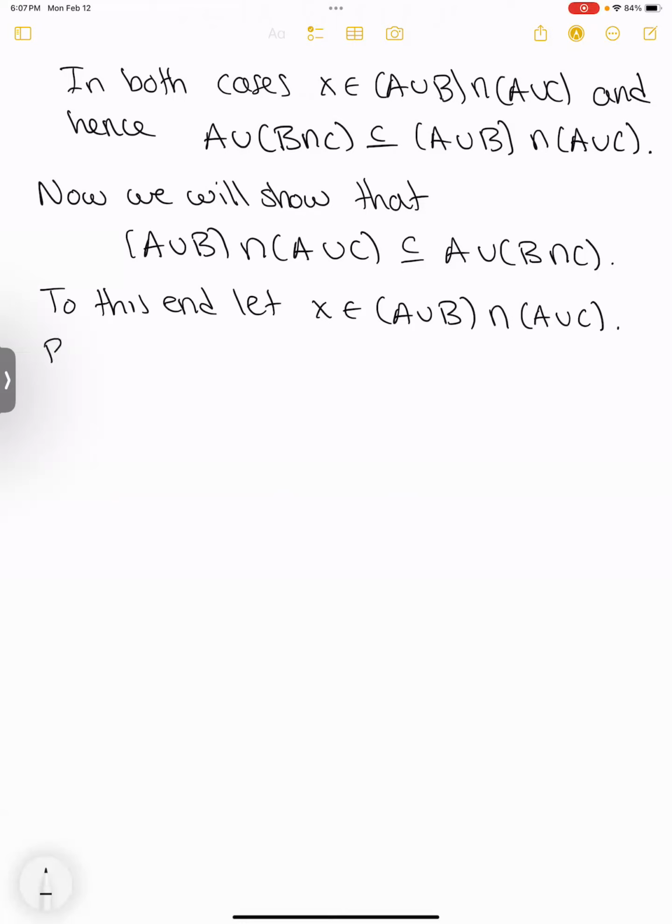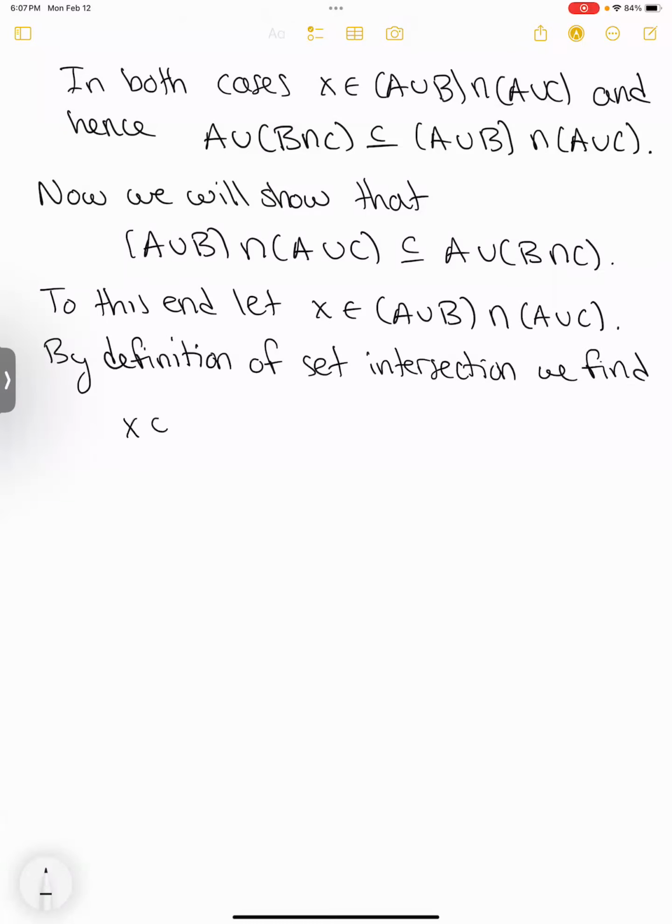Okay, then by definition of set intersection, we find that it must be the case that X is in A union B and X is in A union C. Okay.